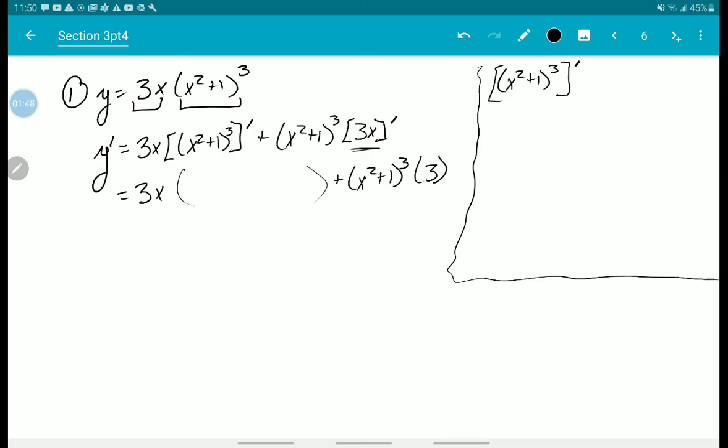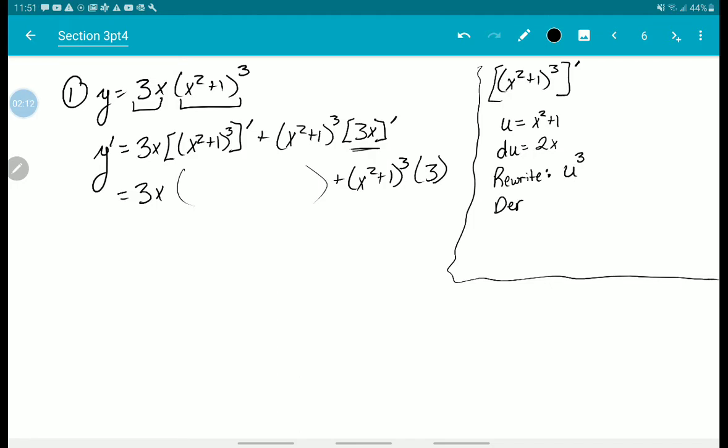So there's my notation. We've got to identify u. u is our inside function. So u is x squared plus 1. du is the derivative of that, and that's going to be 2x. Then we're going to do a rewrite. We could rewrite this function as u to the third.